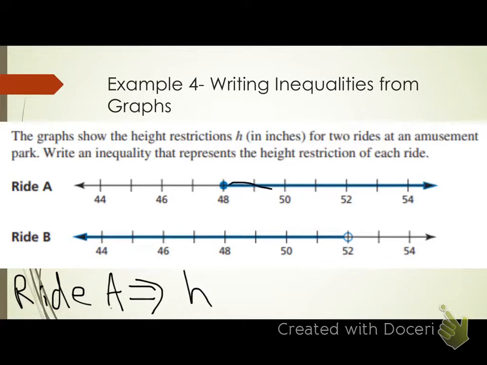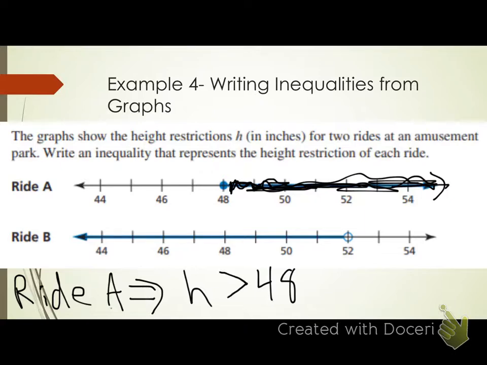And this blue part is my shading. So I'm shading everything to the right of the number 48. So I know 48 is going to be in my inequality. If I'm shading everything that's to the right of 48, that's everything that's greater than 48. So I need to use the greater than symbol. And if you notice, I have this closed dot, so I need a line underneath my symbol.